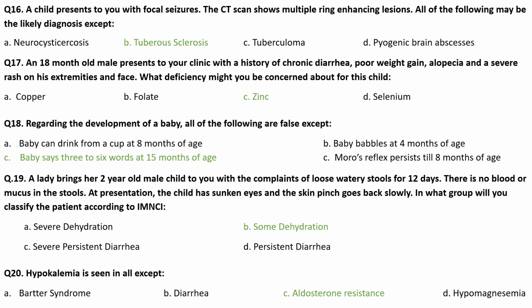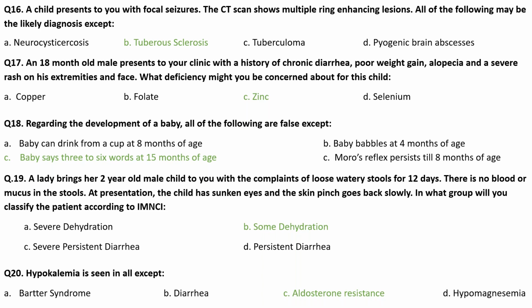There is no additional feature to suggest severe dehydration. In severe dehydration, skin pinch will go back very slowly and the child will be lethargic. We have not mentioned such features here. Then for the child to have persistent diarrhea, the duration should be more than 14 days. So this is 12 days. So the answer is some dehydration.